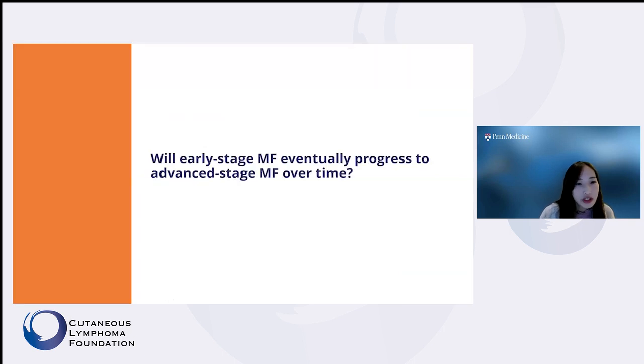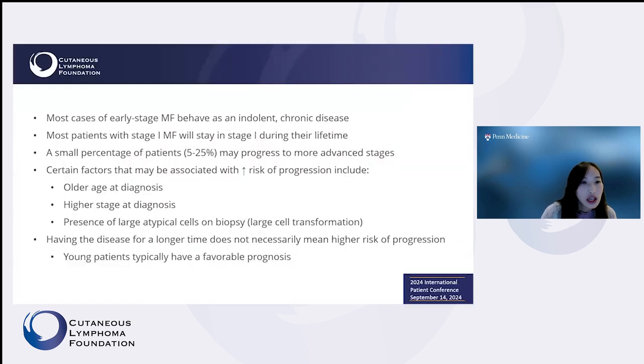So will early stage MF eventually progress to advanced stage MF over time? This is another excellent question. And the good news is that most cases of early stage MF will behave as an indolent chronic disease. Most patients with stage 1 will stay in stage 1 during their lifetime.